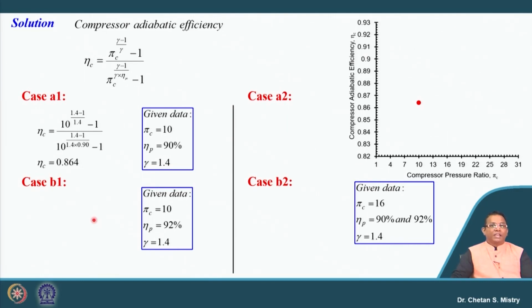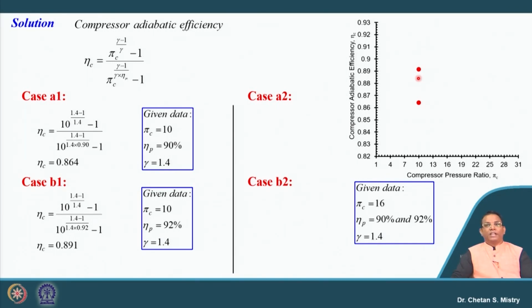In the second case, if I change my polytropic efficiency to 92%, what will be the change in adiabatic efficiency? Putting in the numbers, I get an efficiency of 89%.